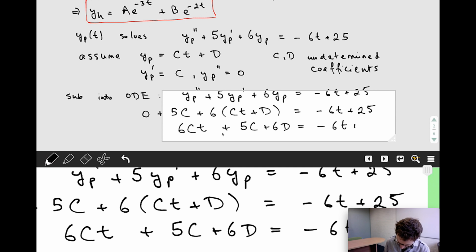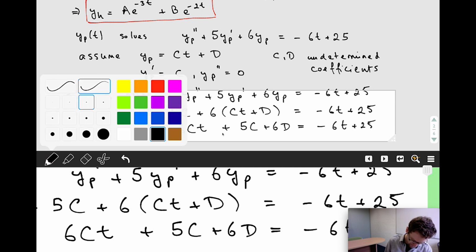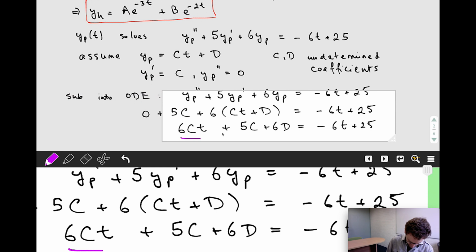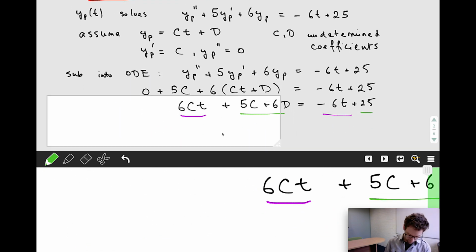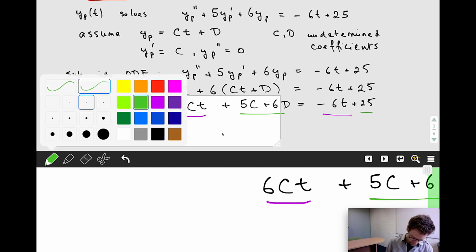So you can see that on the left and the right hand side of this equation, I've got a term that involves t, and I've got a term that's a constant. Now, this has to be true for every possible value of t, so I can match the corresponding coefficients on the left and the right.